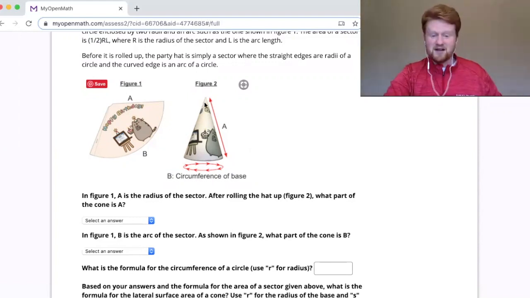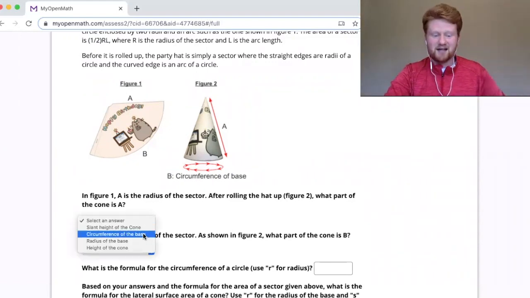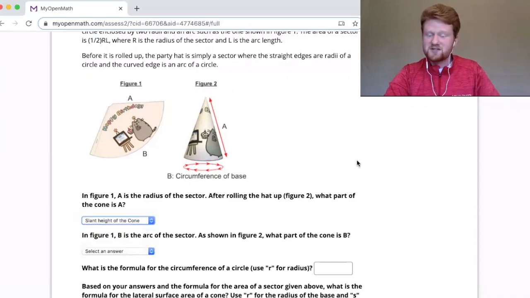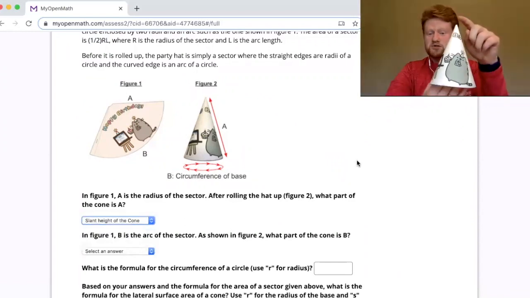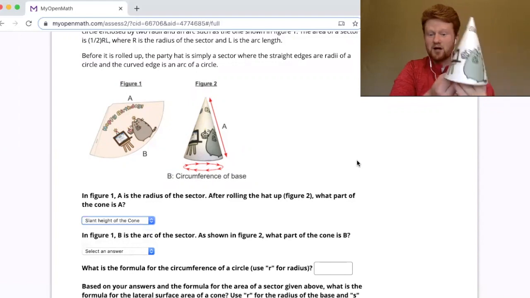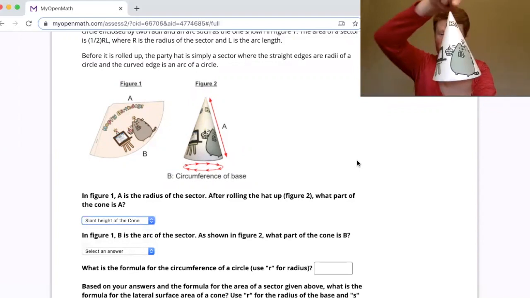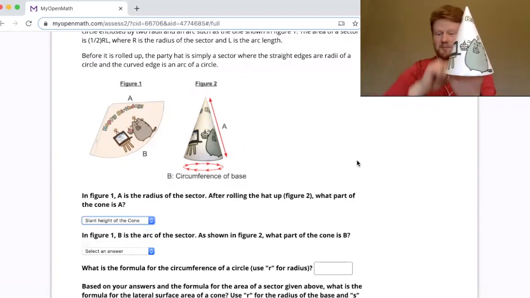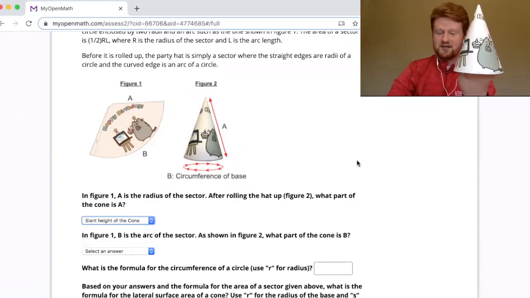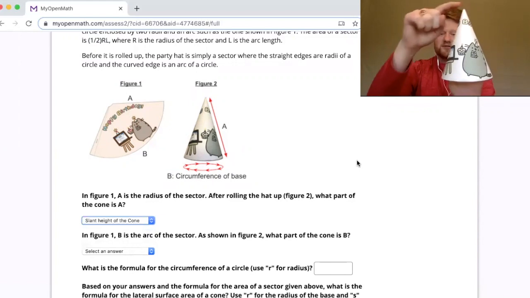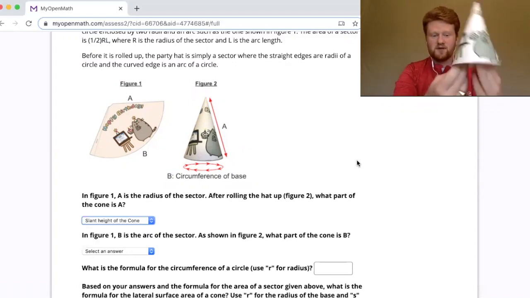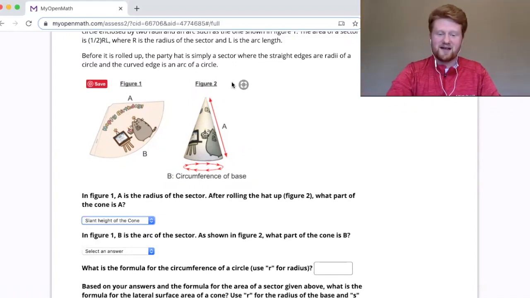And it turns out that that is called the slant height of a cone. So the slant height is any line that goes from the vertex to a point in the circle. Now there are a lot of those. We could call this the slant height over here, or the front, or the back. Any of those would be exactly the same as long as you go from the vertex to a point in the circle. So A was the radius and is now the slant height of the cone.